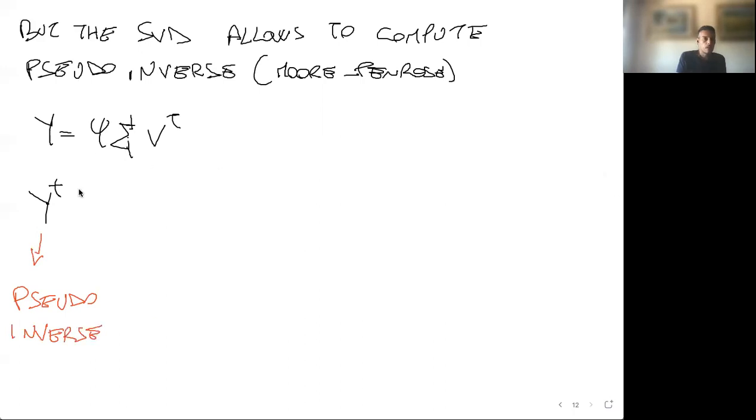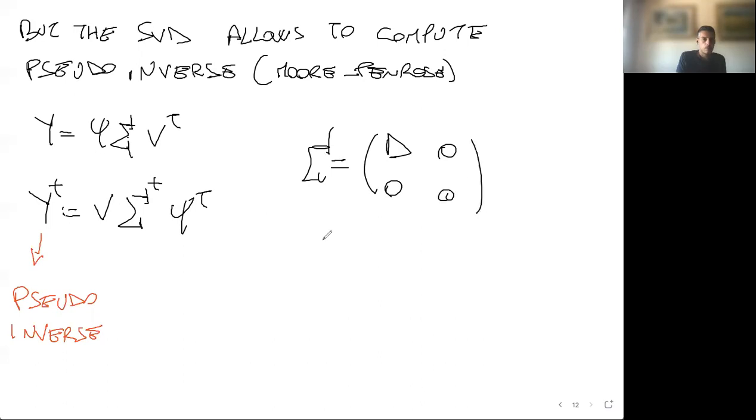This is defined as V Sigma plus Psi transpose, where if Sigma is given by D, 0, 0, 0, Sigma plus is given by D inverse, 0, 0, 0.